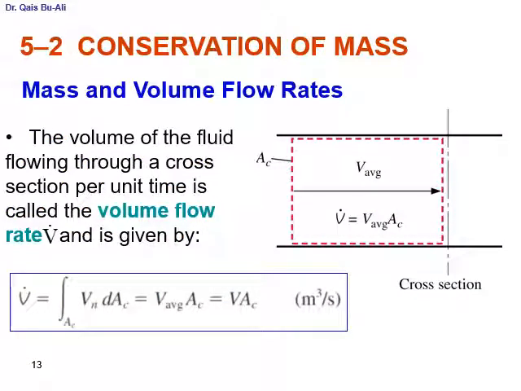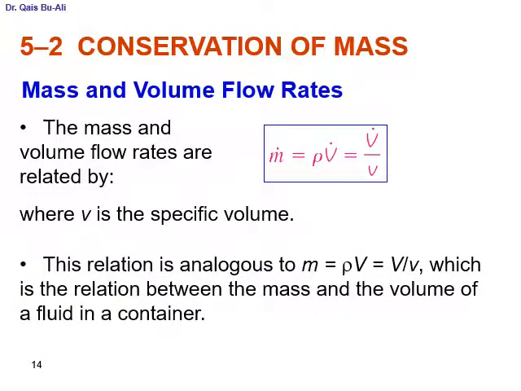I can also define the volumetric flow rate, which is equal to velocity times cross-sectional area. And you know the relation between the mass flow rate and the volumetric flow rate: the mass flow rate equals density times volumetric flow rate.